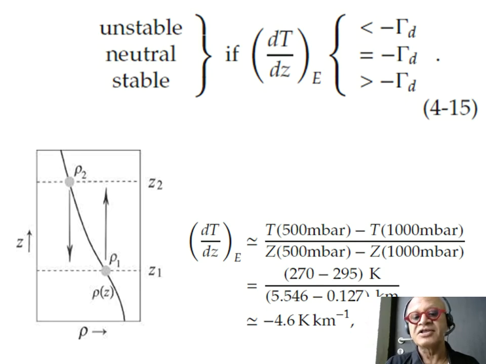So 270 minus 295, obviously temperature is lower at the lower pressure than at the higher pressure, divided by 5.546 kilometers, the average height of the 500 millibar, or at the location where this calculation is done. 1000 millibar is very close to the surface, 0.127 kilometers, and you get a lapse rate of minus 4.6 Kelvin per kilometer. So from the surface, as you go up, temperature is cooling by 4.6 Kelvin per kilometer.